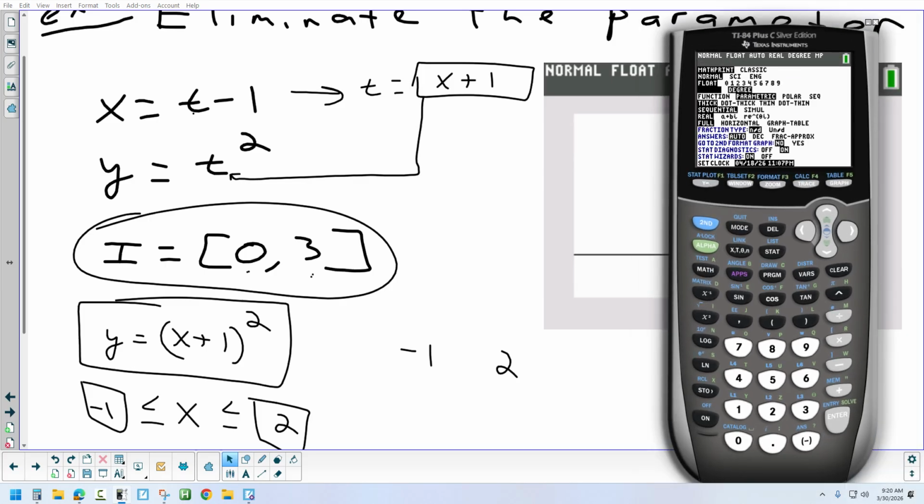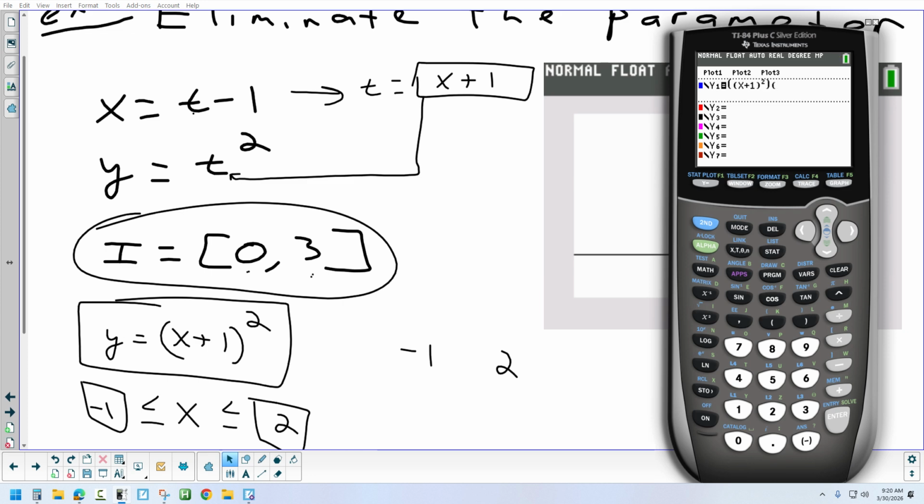Okay, so go back to function. Put in y equals (x + 1) squared. Set your window. Oh yeah, it carries over, so we shouldn't have to set that. We just have to put in our restrictions, which put this in parentheses.